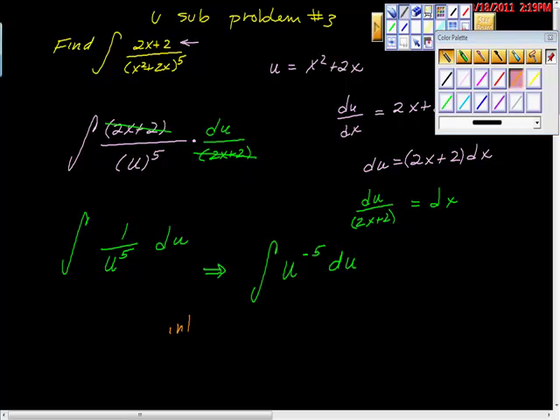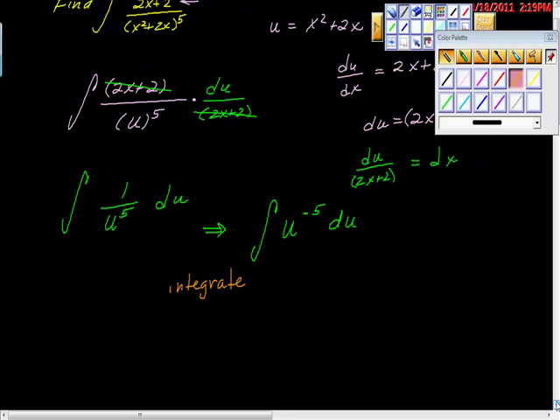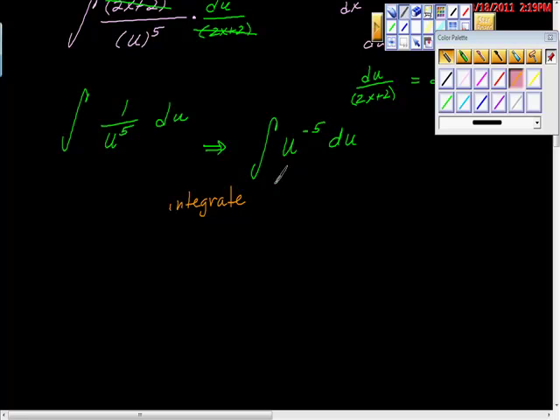So we integrate, and we get u to the negative 4 over negative 4 plus c. That's what this thing equals.